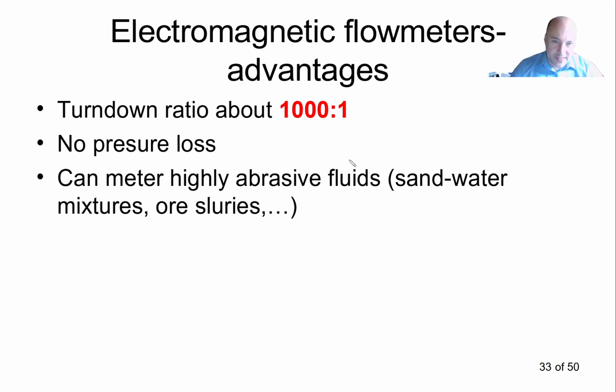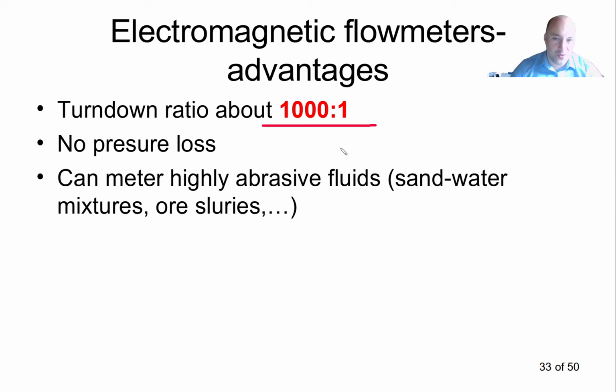On the other hand, the electromagnetic flow meter has a very large turn down ratio, roughly about 1000 to 1. So it can measure accurately very small flows and very large flows as well. So electromagnetic flow meter has about 1000 to 1, the ultrasound had about 50 to 1, and the Orifice plate had about 5 to 1.